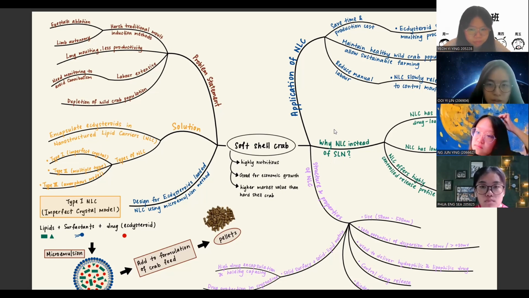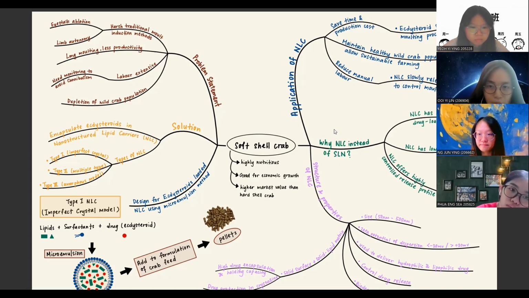So let me continue. NLC are a combination of solid and liquid lipids that are biodegradable and compatible, so they can encapsulate a variety of drugs, including hydrophobic and hydrophilic compounds.